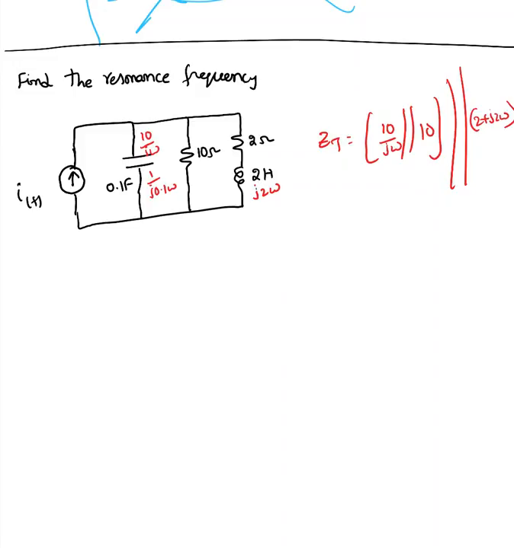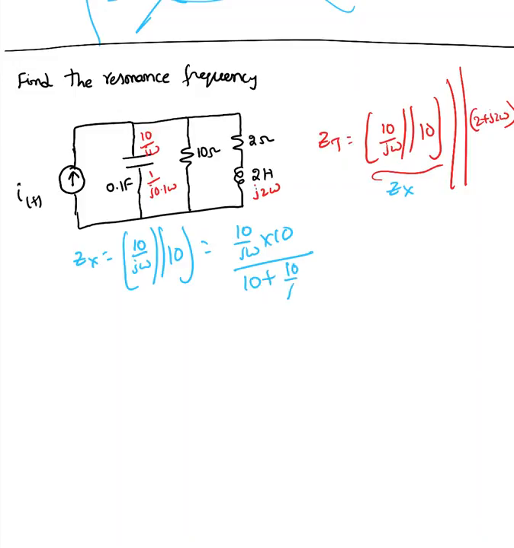We can clearly see it. I'm going to do these two branches first, so let me label this as zx. So zx is equal to 10 over j omega in parallel with 10. It's going to be 10 over j omega times 10 over 10 plus 10 over j omega.